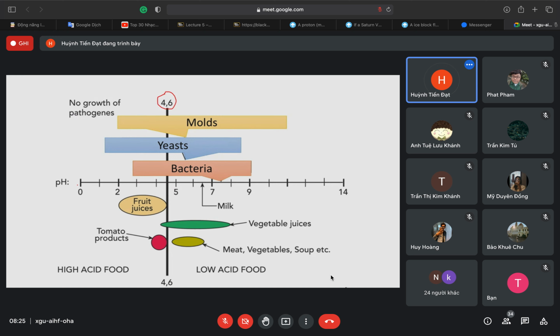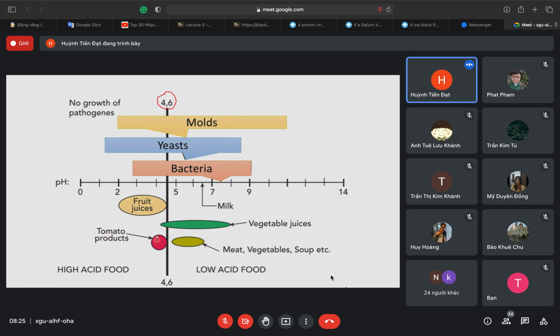Here the pH ranges from 0 to 14. See, guys, for example certain types of fruit, like fruit juice, normally drop between 2 and 4. It means that fruit juice is considered acid food.